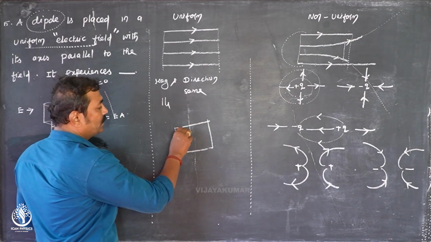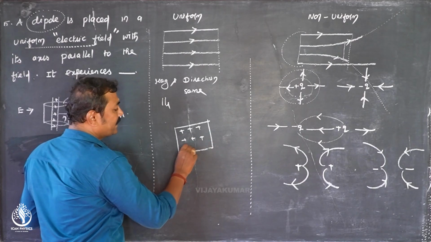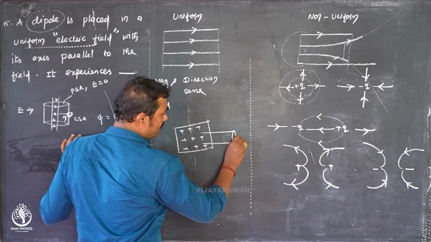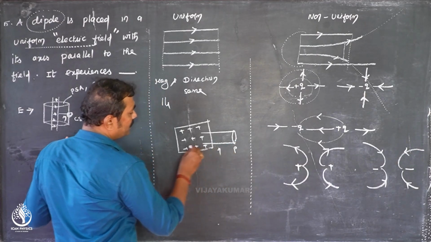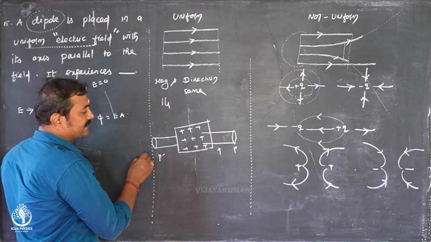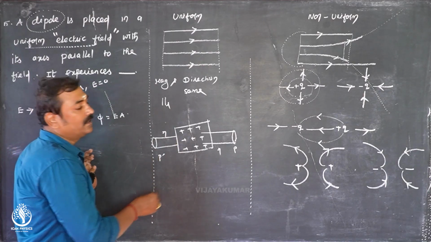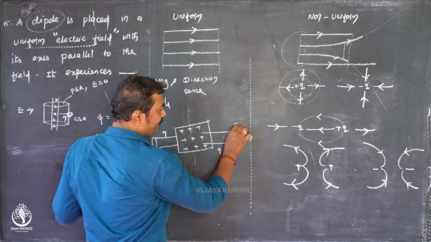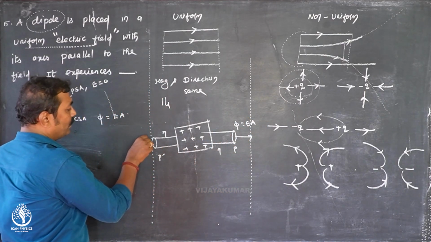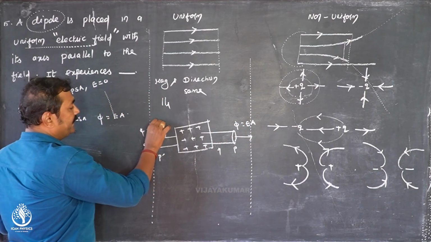Plane sheet. Gauss constructed the Gaussian surface at the front at a distance of r, and at the back, P dash, at a distance of r. Here the flux phi equals EA. Here also phi equals EA.